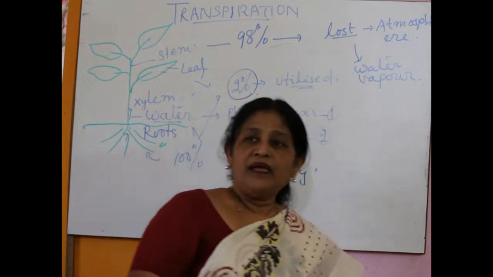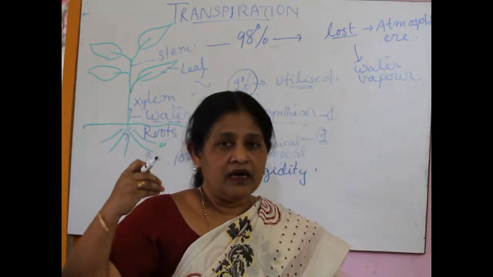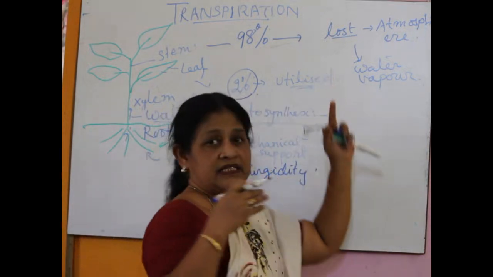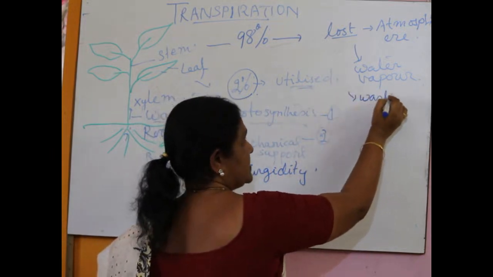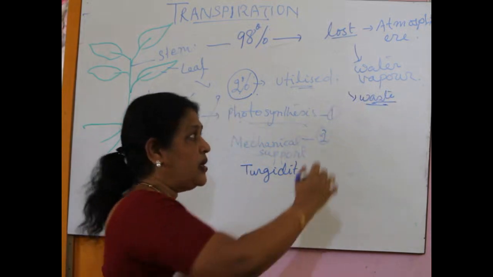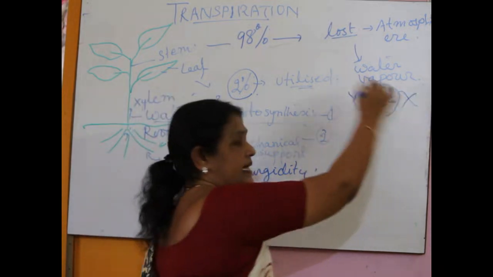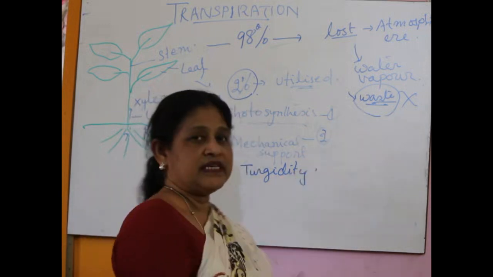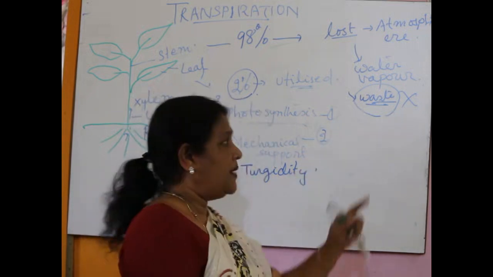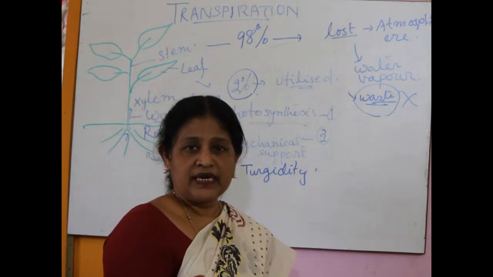Now this 98% of the water that is lost, you may say that it is lost to the plant, it is a waste, but actually it is not a waste. It is a life supporting process without which the plant cannot survive. Do you understand?